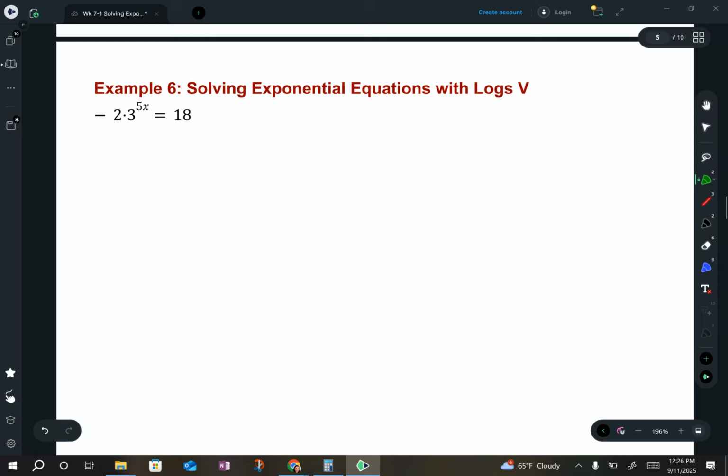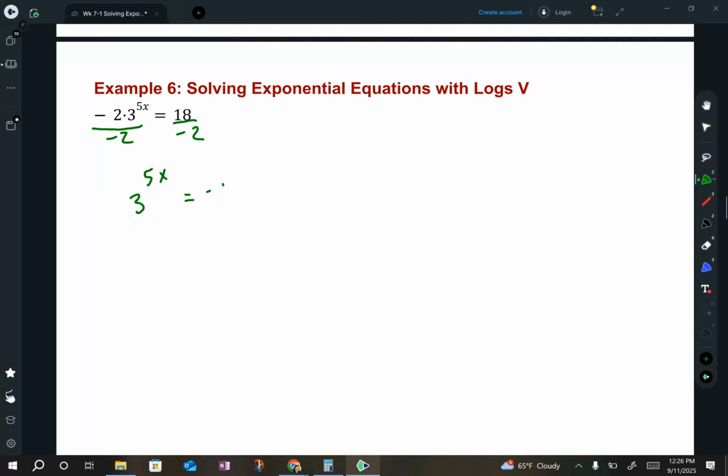How'd it go? Let's find out. Well, the first thing I'm going to do is divide by -2. 3 to the 5x equals -9. Take the log of both sides. Log of 3 to the 5x equals log of -9.